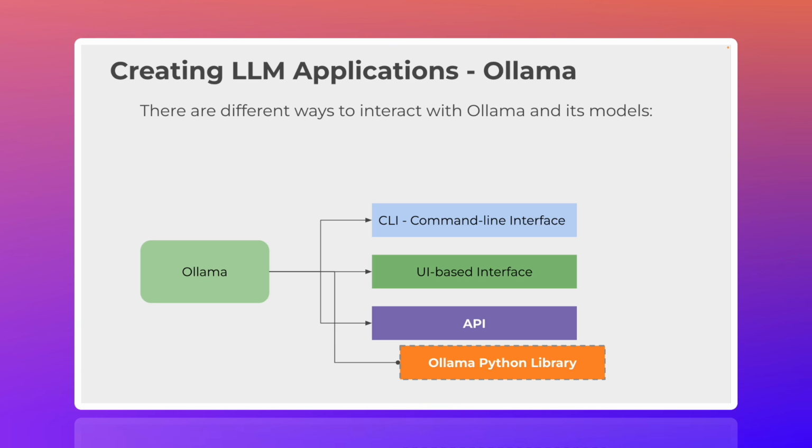And for that, we need a way to use Python, or any other language, but in this case it's going to be Python, to take advantage of these models that Ollama provides. And so that's what we're going to be doing next: getting started with the Ollama Python library so we can use code to interact with Ollama models.